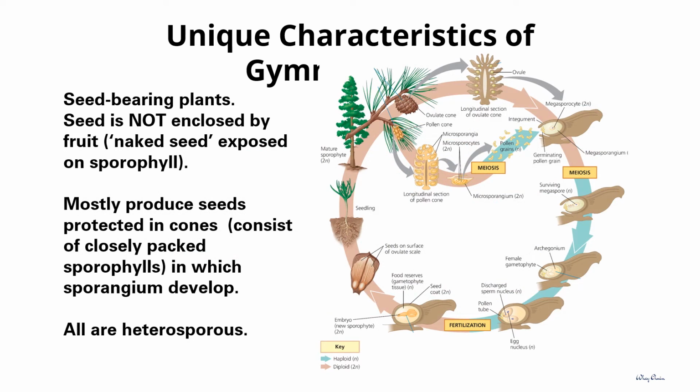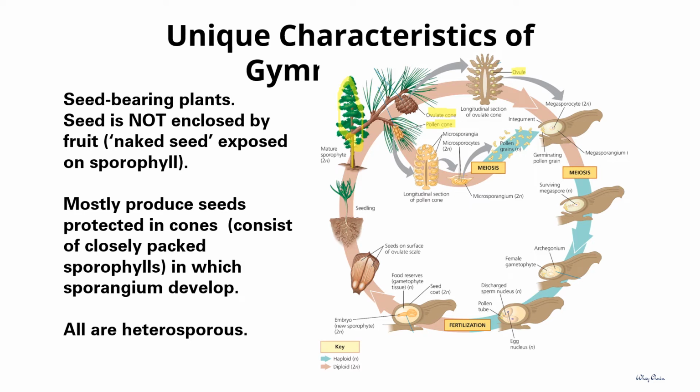This picture summarizes the life cycle of Pinus species, where the diploid mature sporophyte is actually the whole tree of this gymnosperm. The same tree consists of both the ovulate cone, the female cone, and the pollen cone, the male cone. At the tip of the scale of the ovulate cone, there is the ovule.